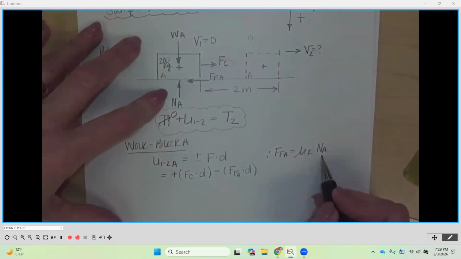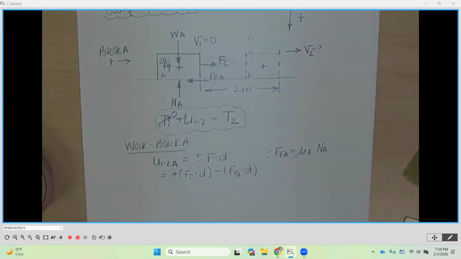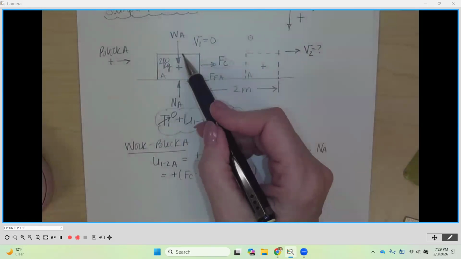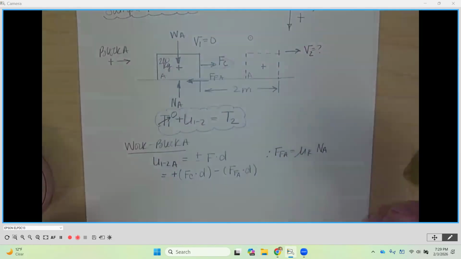Could we figure it out? Yeah. It's in the y direction, right? Are there any other forces in the y direction? The weight, right? Do we know the weight? We know that the mass is 200 kilograms.